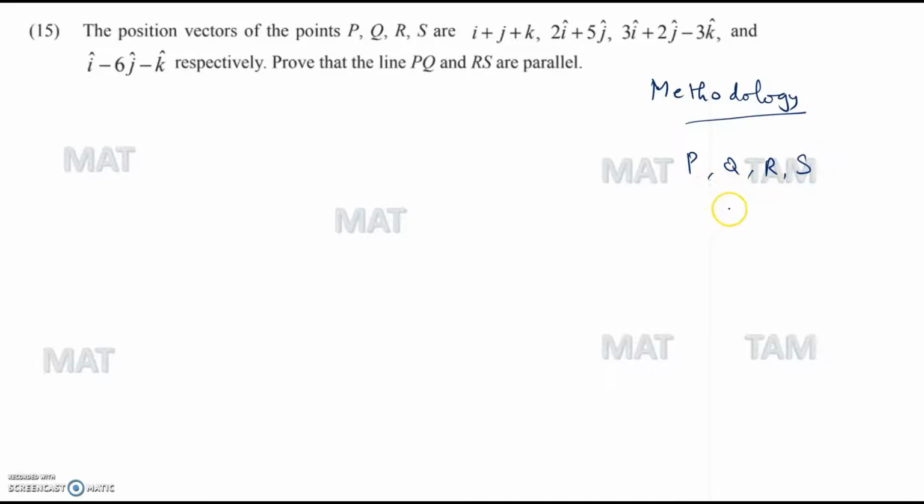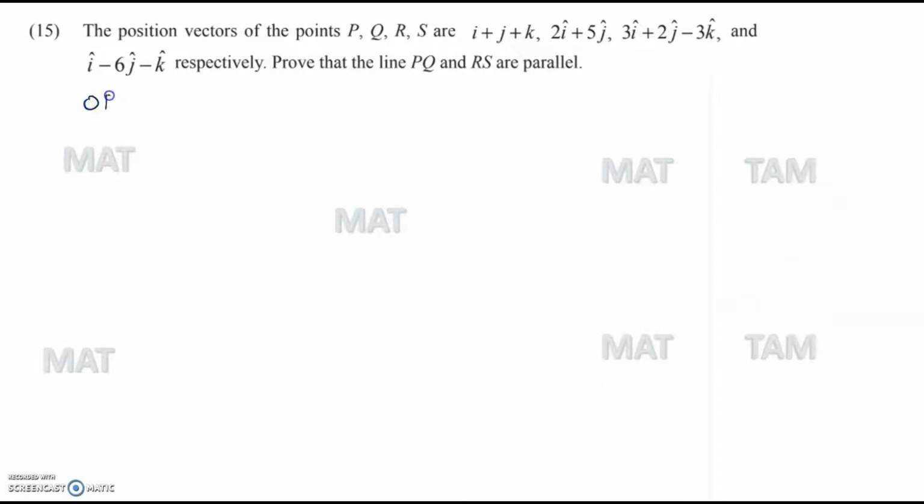So we need to find PQ vector by using these position vectors, and RS vector. If PQ vector is equal to t times RS vector, then they are parallel. So let's proceed to do the problem.